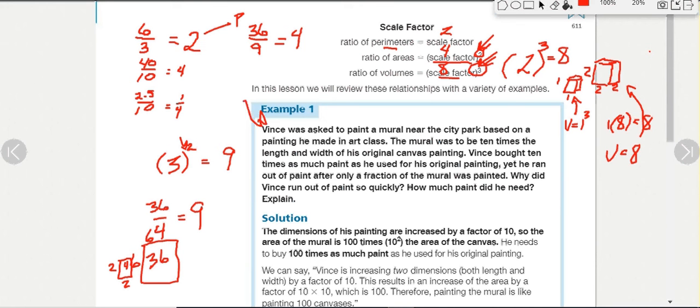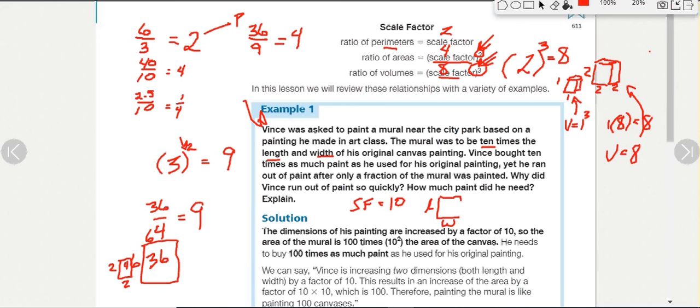In example 1, they keep it simple. Vince is asked to paint a mural. So he buys 10 times as much paint because the new mural is supposed to be 10 times the length and 10 times the width. That means a scale factor of 10. And yet he runs out of paint. Why is that? Because painting is a two-dimension, length and width project.